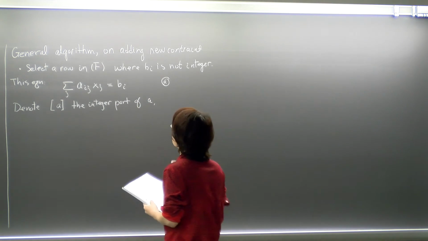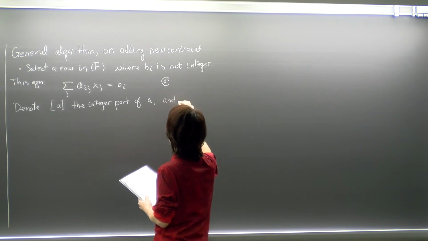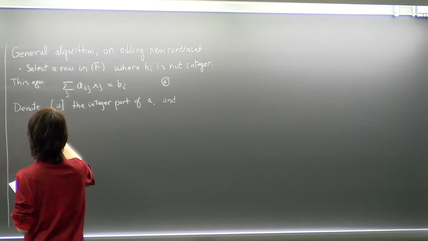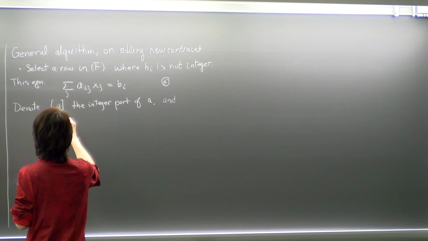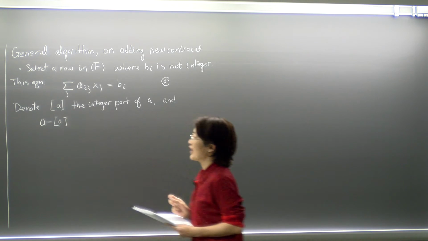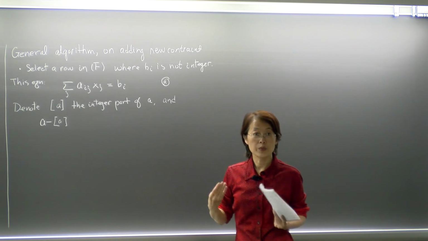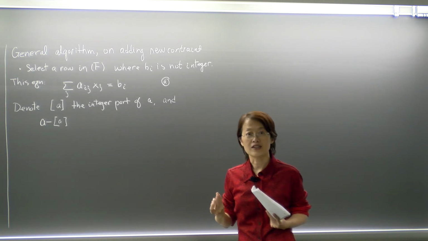And then if you take out the integer part of a, then if I do a minus a bracket, what remains will be the fractional part. Is that right?